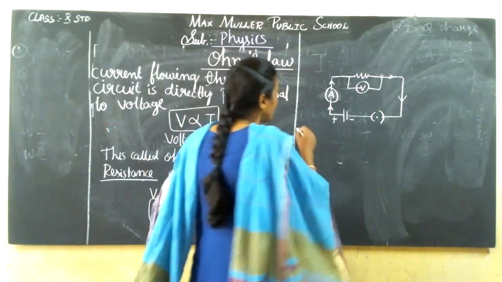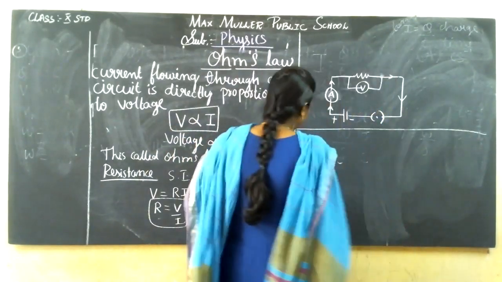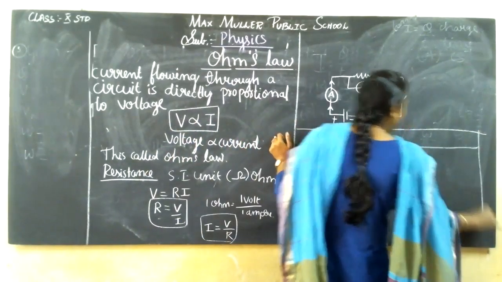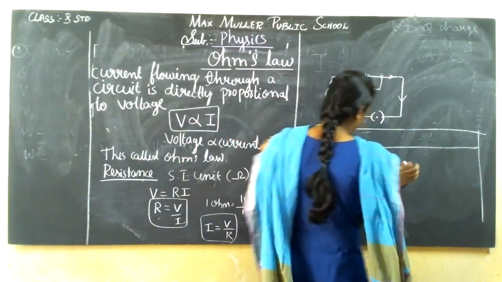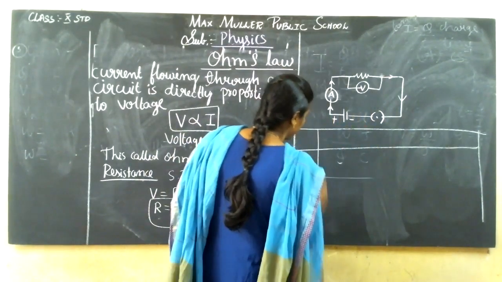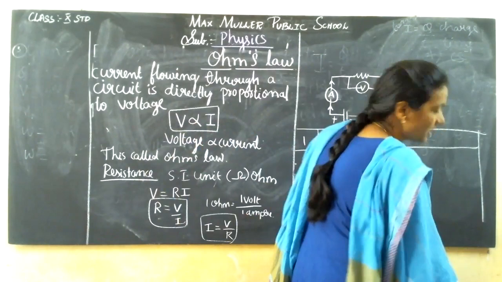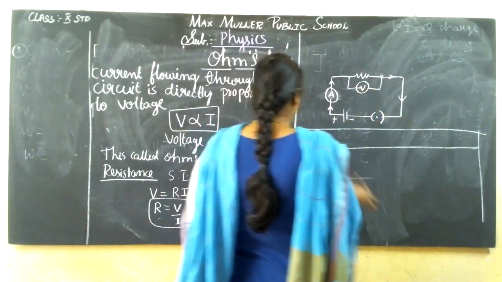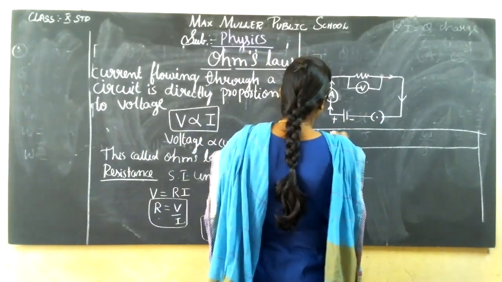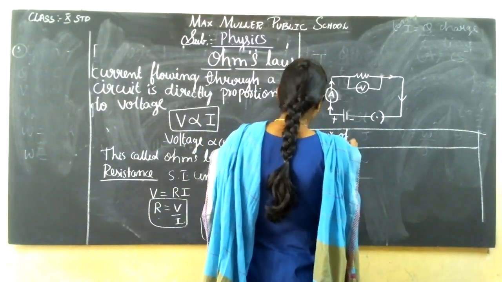So what do you need to do here? You need to note down the values of the ammeter and voltmeter. The first column will take the number of cells.